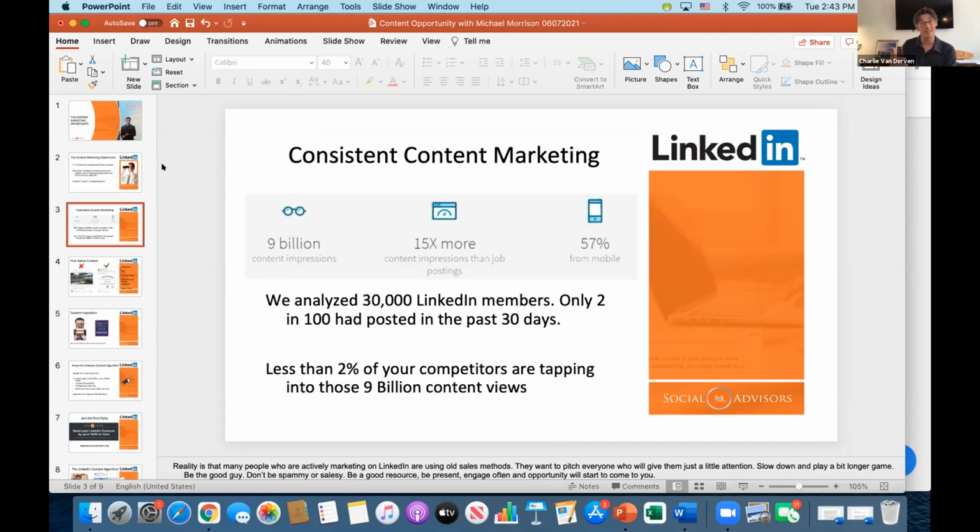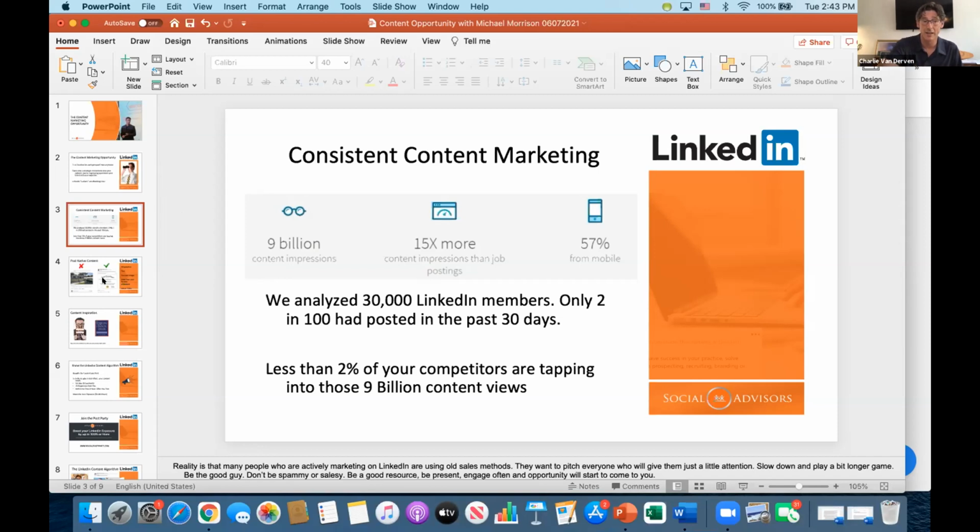When I say 2%, a lot of that 2% are just people that are sharing content maybe once a month. So we get that stat from every 30 days, right? We can do that research right within LinkedIn. So anyway, there's a ton of impressions out there, and there's a very small amount of people using LinkedIn that are actually sharing content consistently.